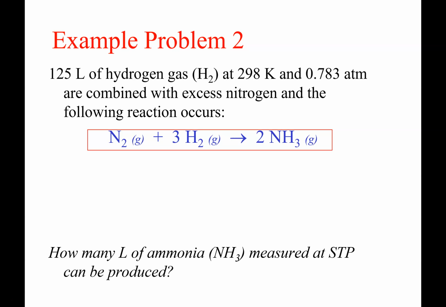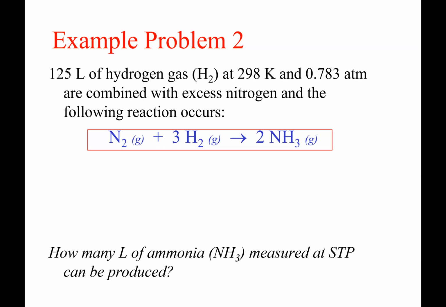Notice it says nitrogen is in excess, and we know what that means. In order to find out how my reaction is going to unfold quantitatively, I only have to worry about this reactant because it's in limited supply. How many liters of ammonia, so volume, question mark, under ammonia, can be produced, measured at STP? What's the temperature at STP? 273.15 Kelvin.